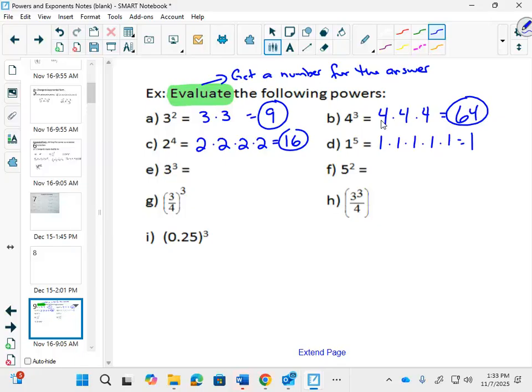Sometimes people even say 2 to the power of 4. These are all different ways of saying the same thing. Some math teachers don't like it when you say to the power of 4, because they're like, it's an exponent, not a power. But a bunch of those are fine. Okay? So 3 cubed, or 3 to the exponent of 3, would be 3 times 3 times 3, 27.